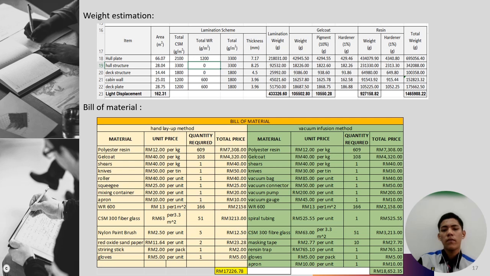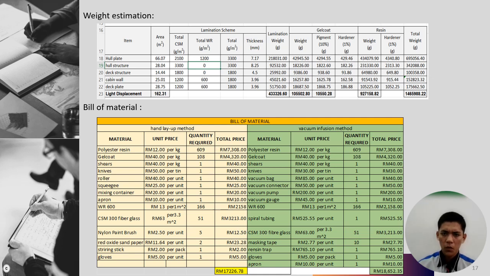So we have divided it into five items, which are hull plate, hull structure, deck structure, cabin wall, and deck plate. After calculating all the areas, as you can see, we know the total CSM, total woven roving, and then we know the weight of gel coat that we need, and then the total weight of resin.